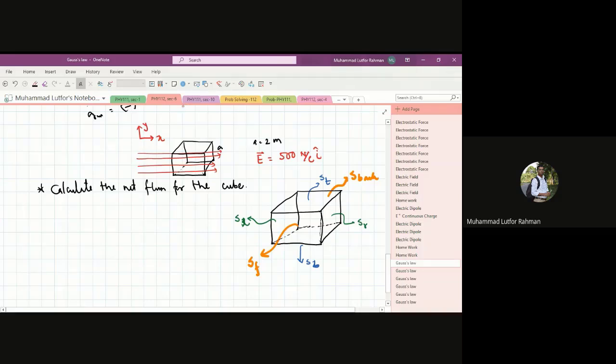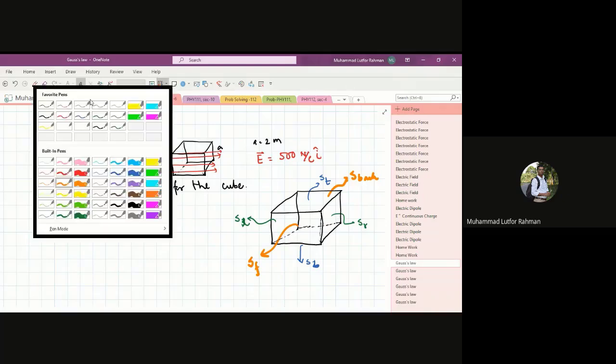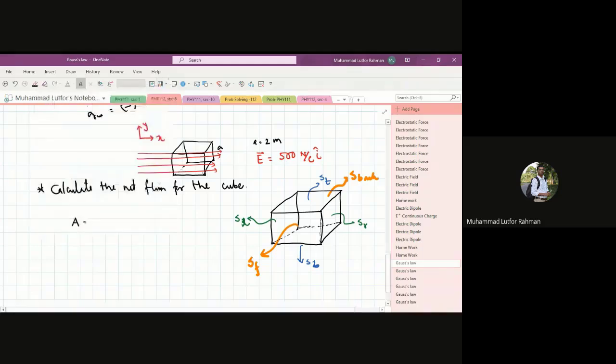Now since it's a cube, all the surfaces have an area which would be a square. Am I right? That's going to be 4 meter square. This is the magnitude, right? Now I have to find the direction of this area, because it's a vector.